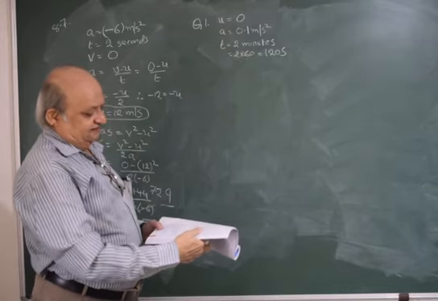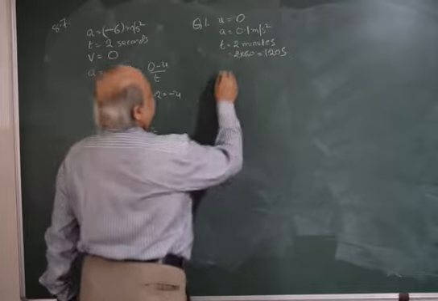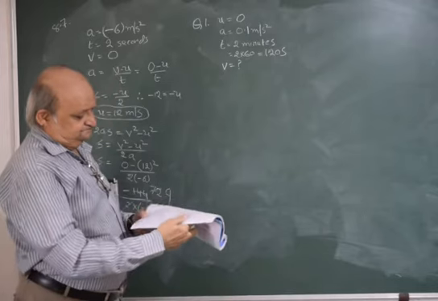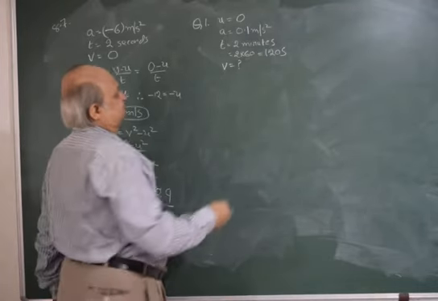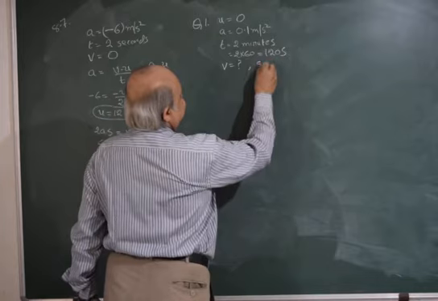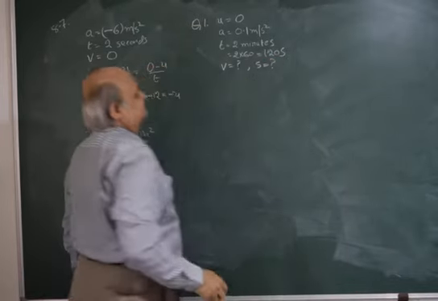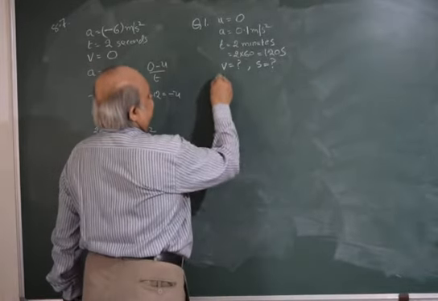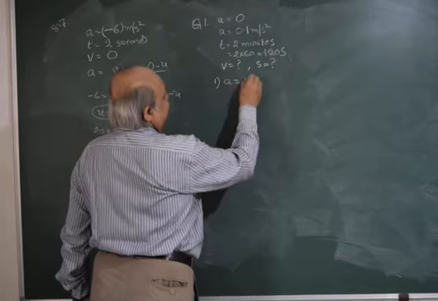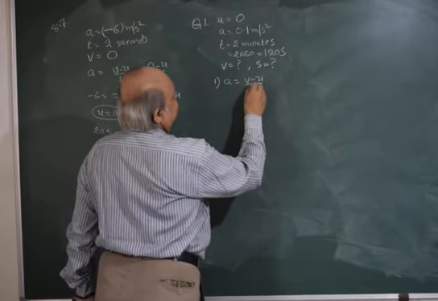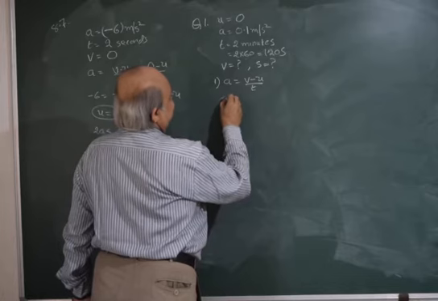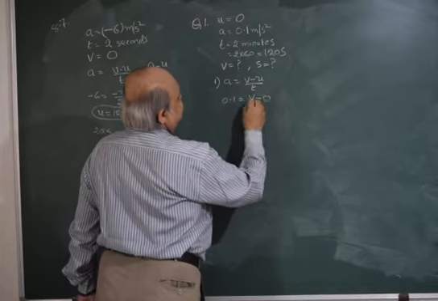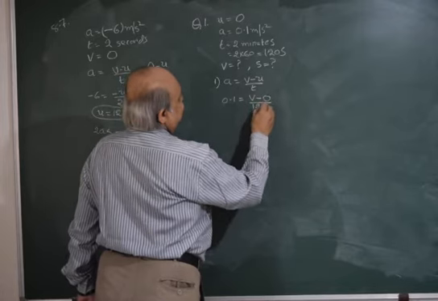Find the speed acquired, so we have to find the final velocity, and the distance travelled, s. Equation number 1, to find v, a equal to v minus u upon t. a is given to be 0.1, v is to be found, u is 0, t is 120.